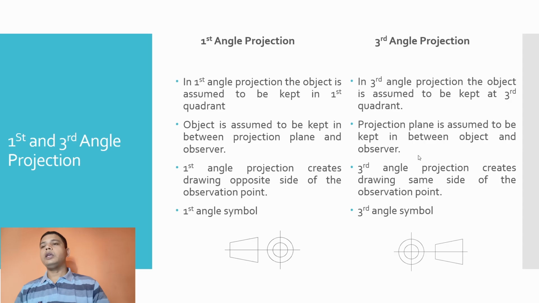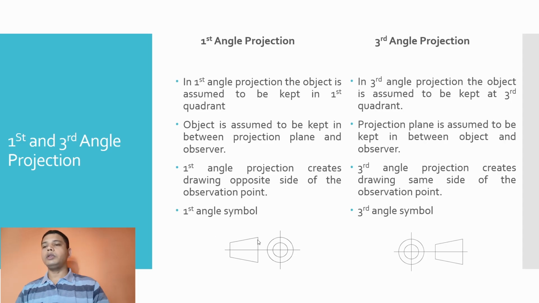In this case, the object is assumed to be kept between the projection plane and the observer. That means, let's say this is the plane of projection, this is the object, and you are the observer. Then whatever image of this particular object is generated on this plane is what you see.